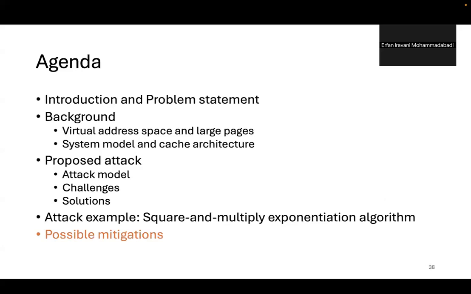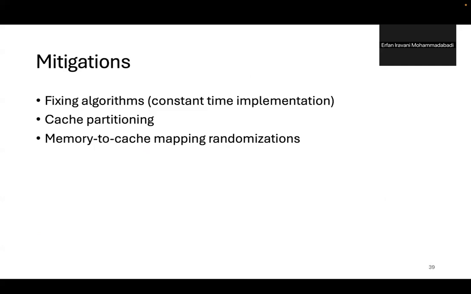Okay, and now in the end, we take a look at some possible mitigations. One of the most effective countermeasures is to design cryptographic algorithms that run in constant time. This means that the execution time does not depend on secret values like in the example we saw. But this is not always possible.